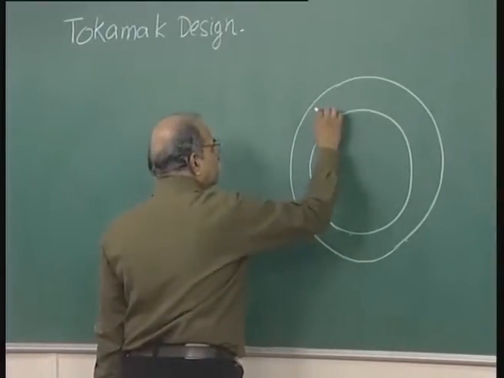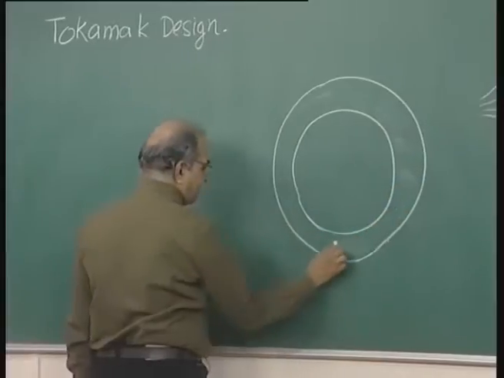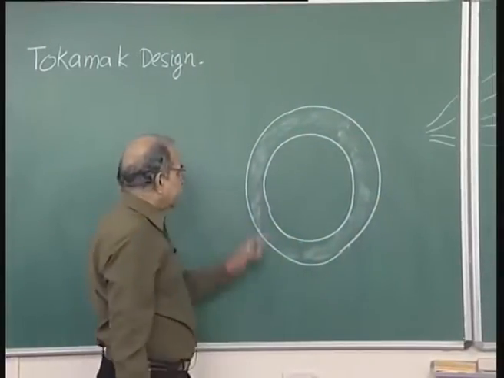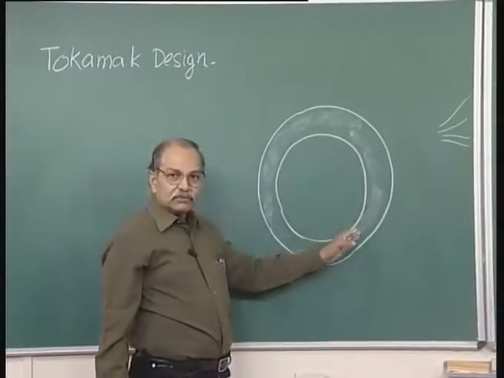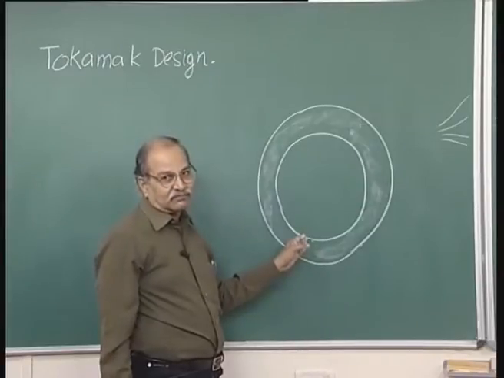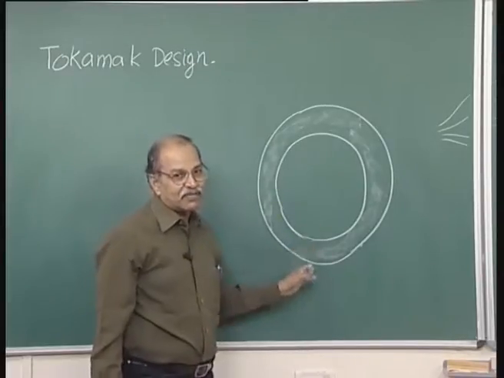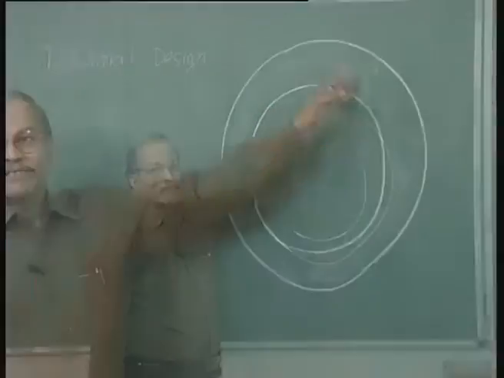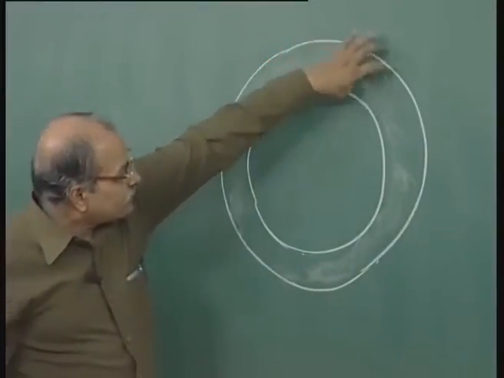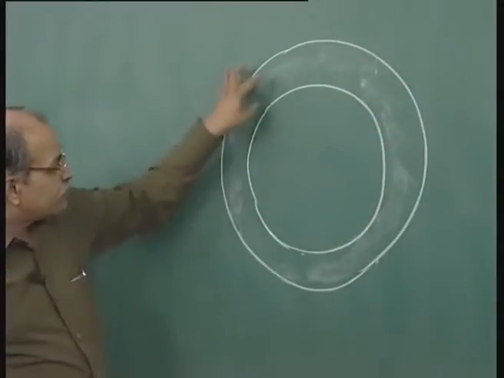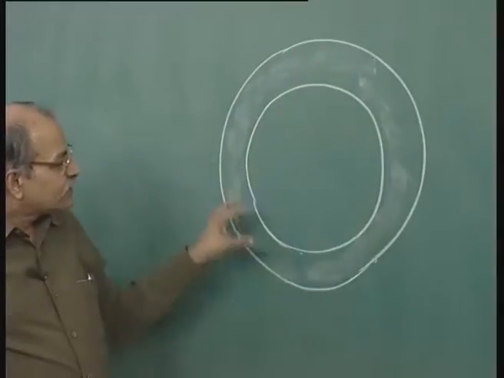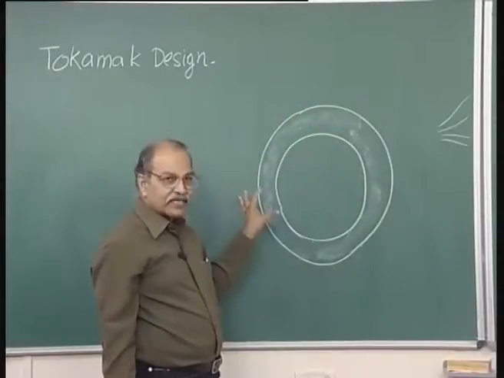So, this is the volume in which you create that plasma, and in this volume you try to confine it. So, there are no ends as such. So, that confinement in that direction is automatically taken care of. So, you have a cylindrical thing and that whole thing is joined here like a tube or a torus or a donut of that type.